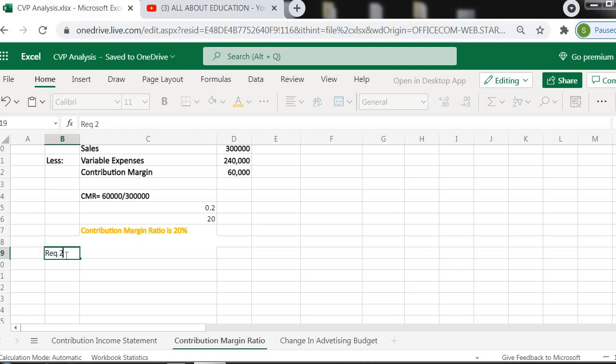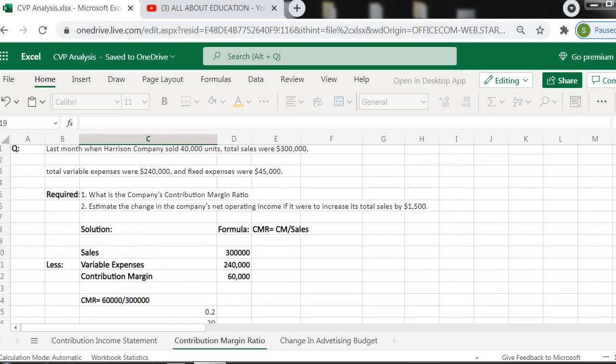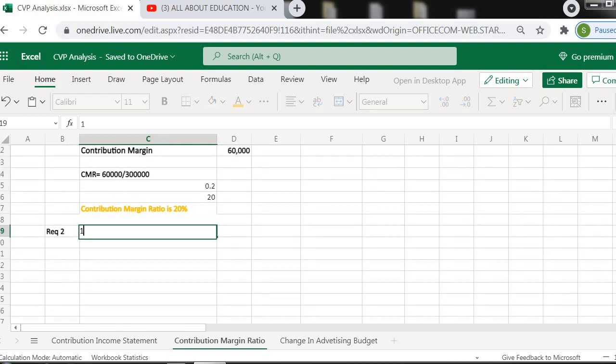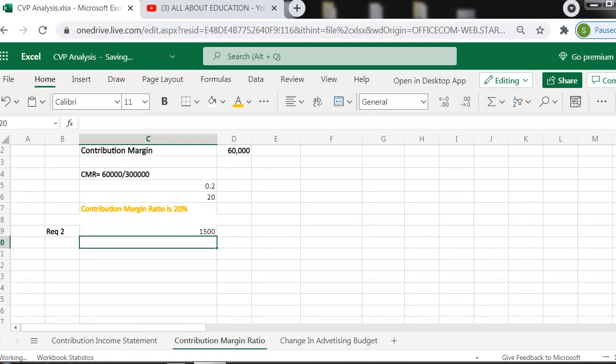Requirement number 2: $1,500 are increasing, right? $1,500 will be multiplied by 20%, right?